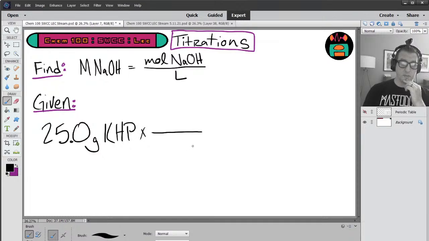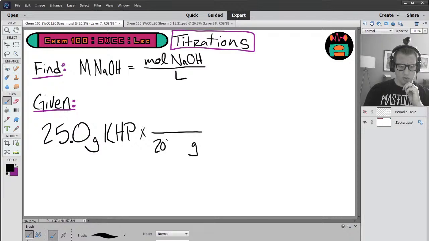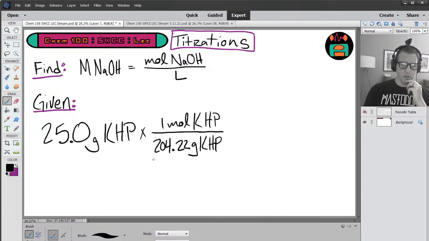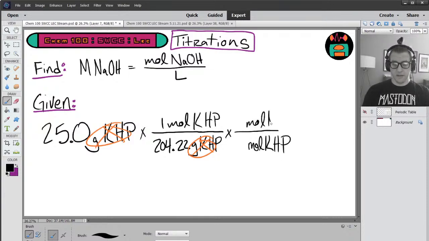The molecular weight of KHP is 204.22 grams per mole. So mass cancels. Next, we need to convert moles of KHP to moles of sodium hydroxide.